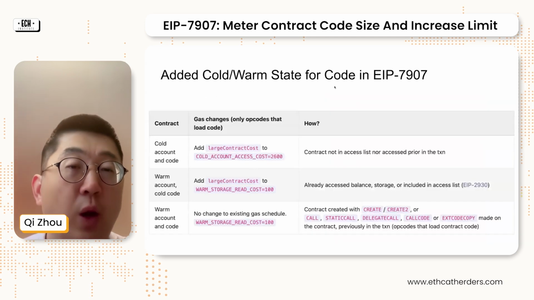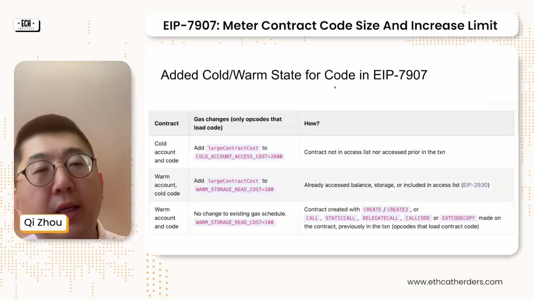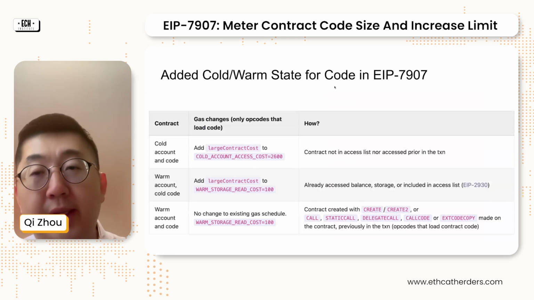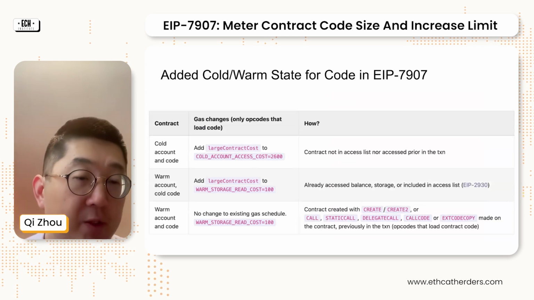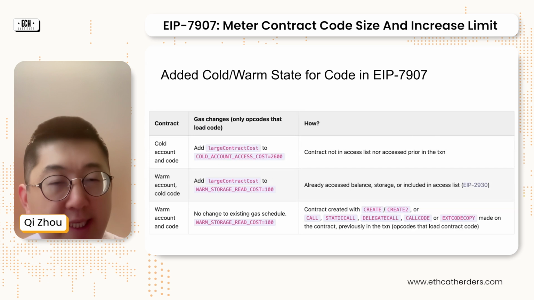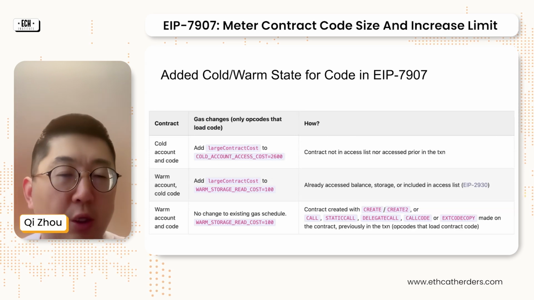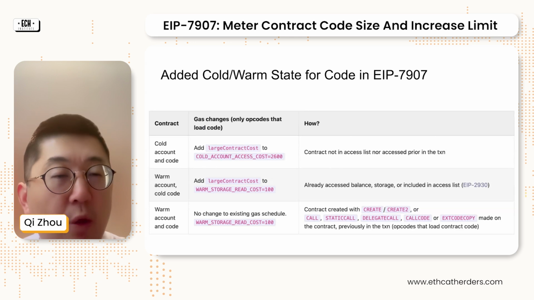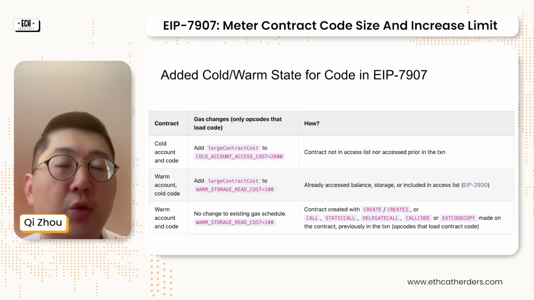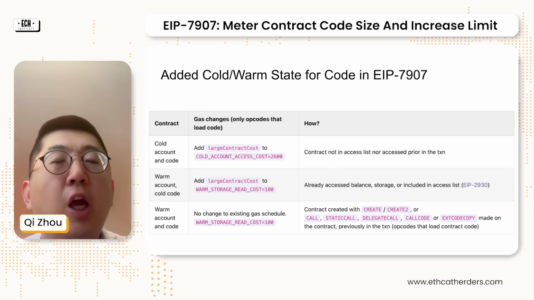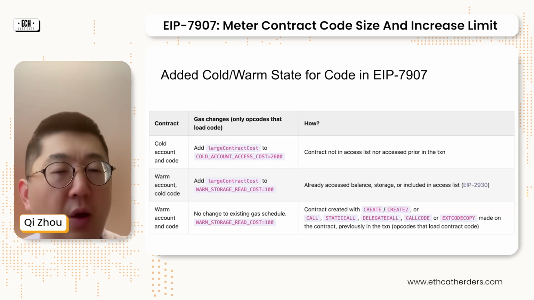And so that's why we explicitly added this code warm state for code in EIP-7907. Suppose in the same transaction we call a contract, and maybe this contract is super large, maybe 256 kilobytes. The first time we will fully charge this contract using our formula, that's 2,600 plus the excess cost.